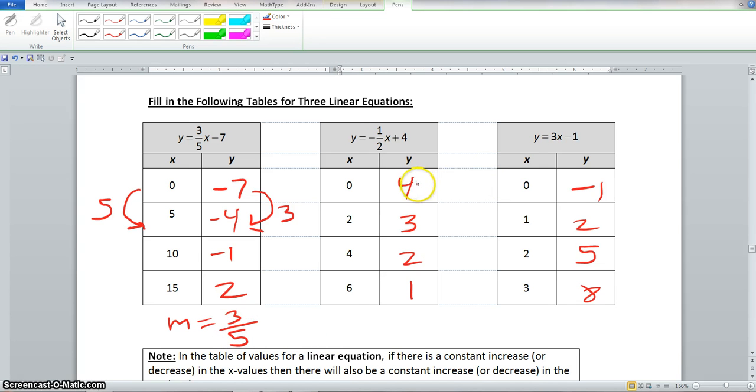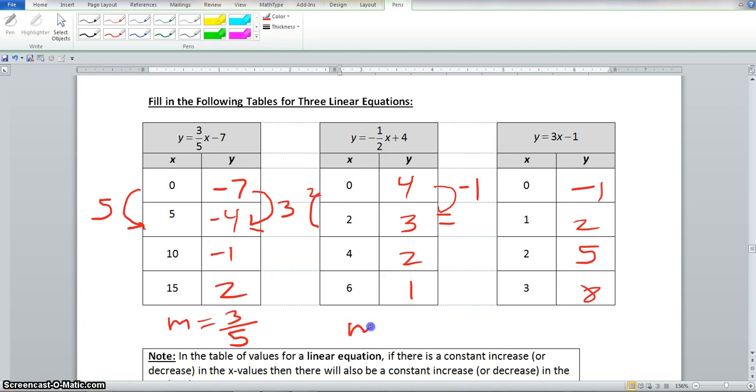And we could do the same thing here. To go from 4 to 3, we're going down 1, so that would give us a -1. And then to go from 0 to 2, we're increasing 2.